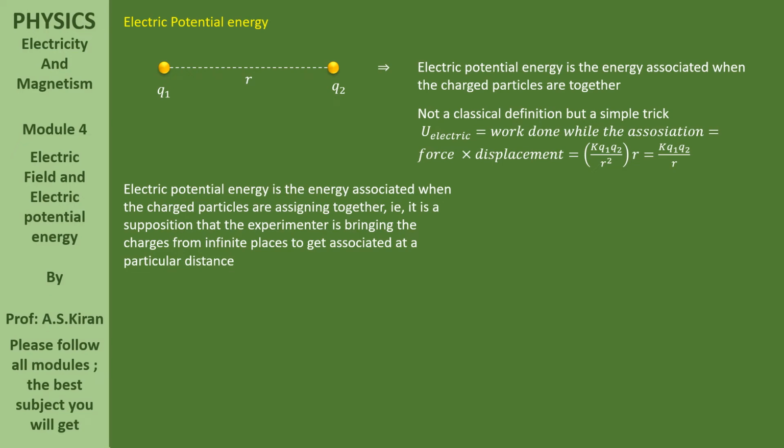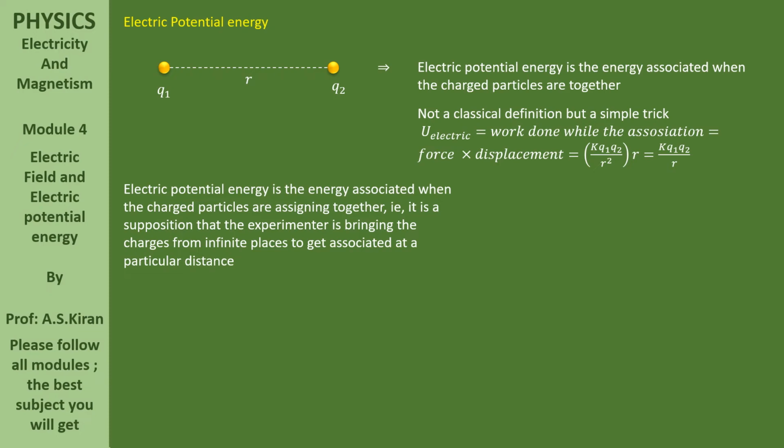Where are they from? The scientist or the experimenter will be in an assumption that they are from infinite places. From infinite places, when you bring two charges and keep them associated, there arises energy. That is the classical definition of the potential energy.